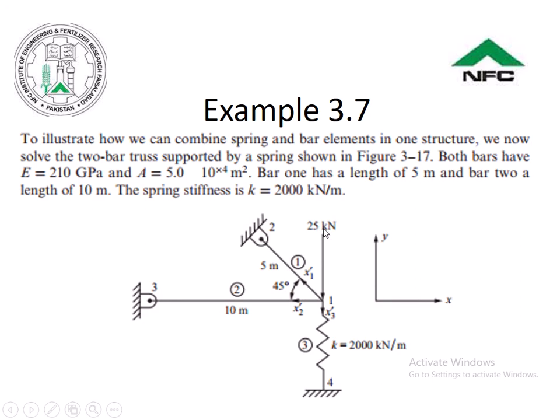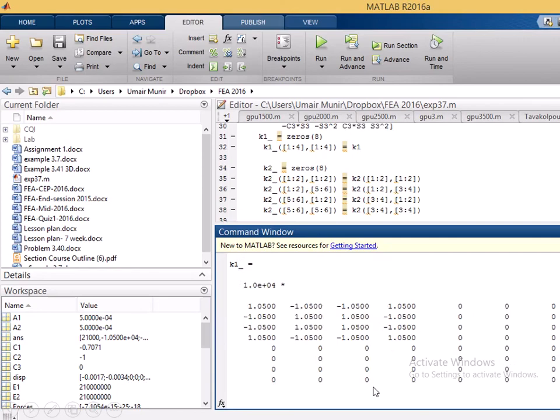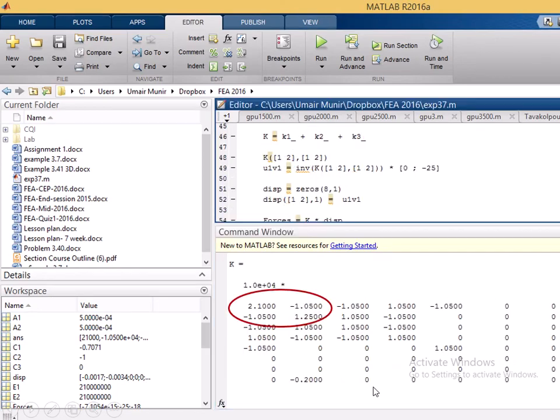The force direction is along y. Y is positive upward, but this force is downward, so it is negative. This is shown here. So this matrix is the force matrix, this is the K matrix, and this is u1 and v1.